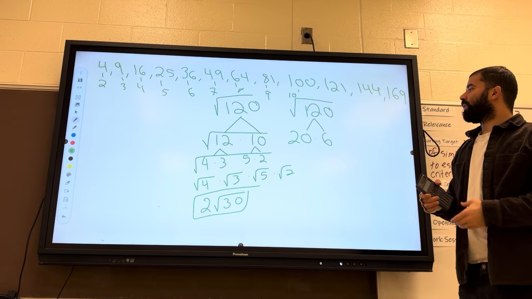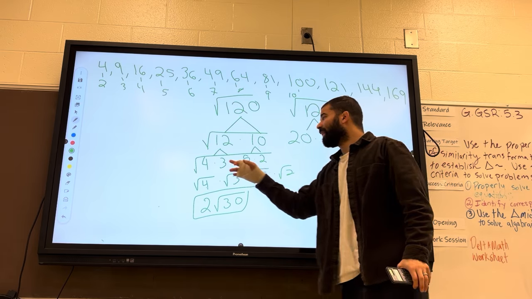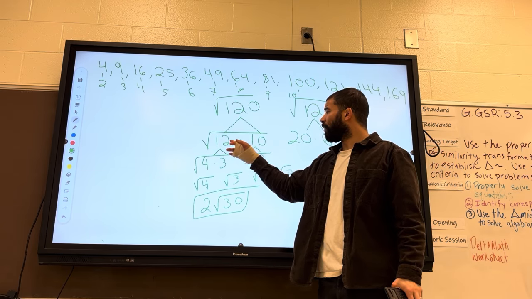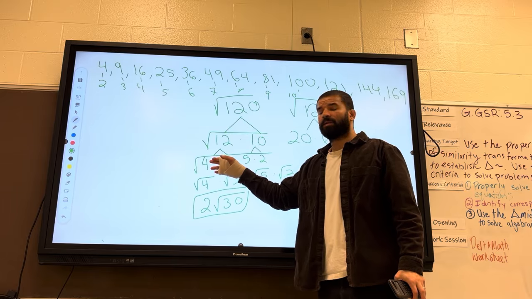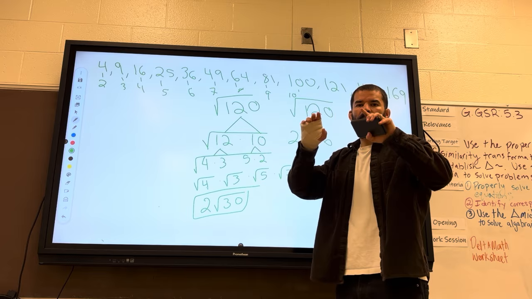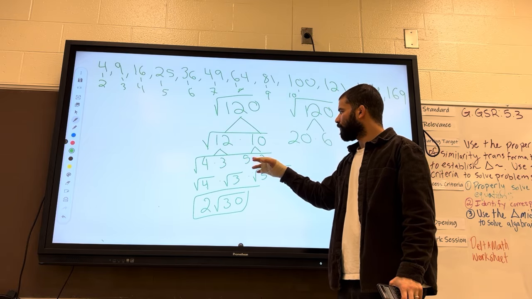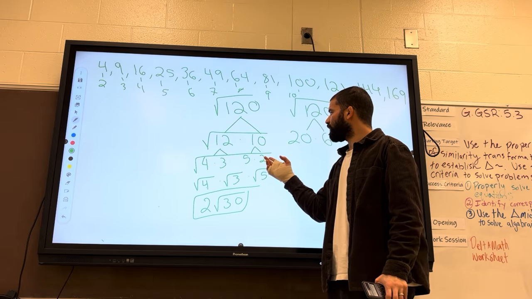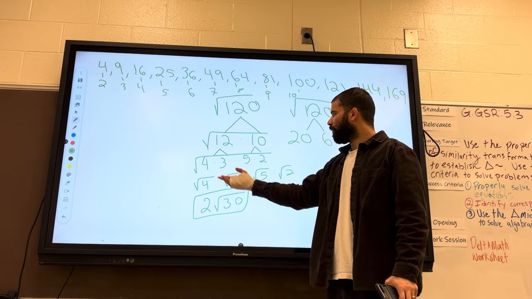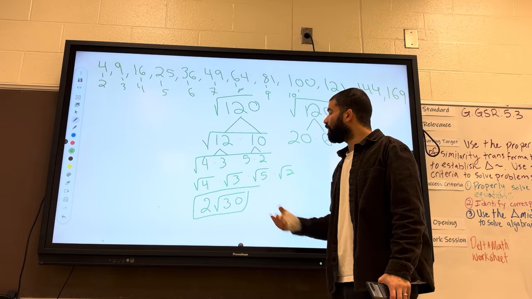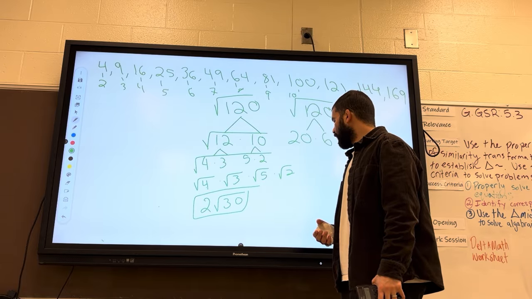Every time we're checking one of these. Now, if it doesn't give you a nice one right away, then just break it down. Find some multiples and make the number tree all the way until you can't anymore, which is what we did right here, 4, 3, 5, and 2. And then we have a square root right here, okay?